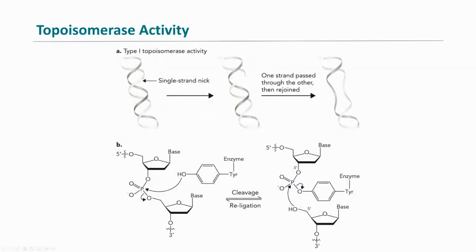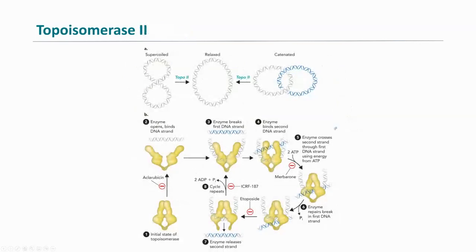So type 1, for example, you have a single-strand nick, and then you move this single strand to the other side, so that you can open up. So one strand passes through the other, and then you can rejoin.